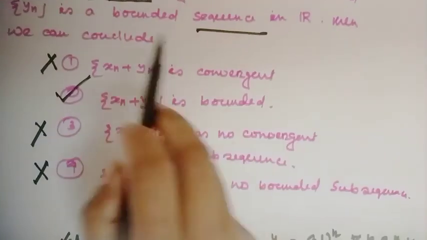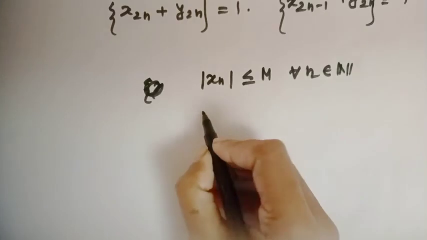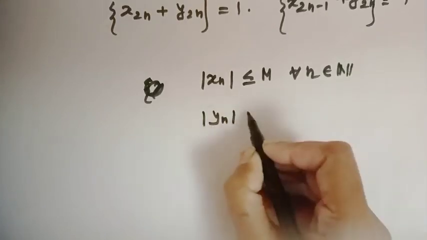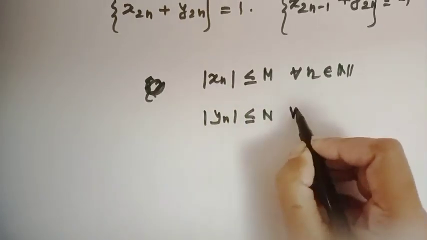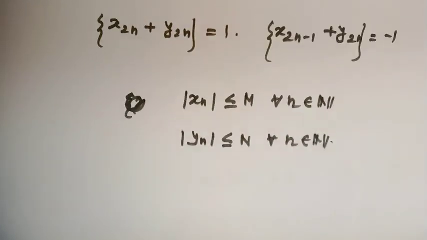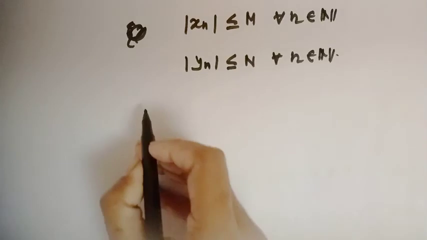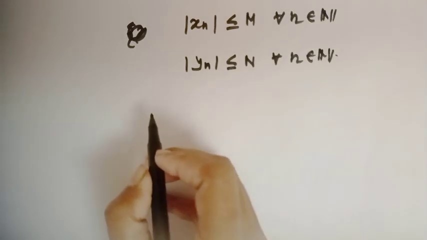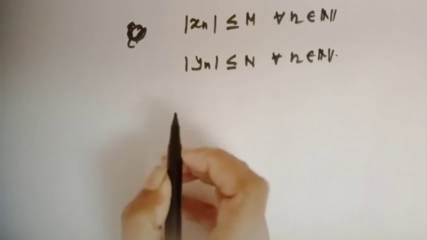And given yn is a bounded sequence in R, that means the absolute value of yn is less than or equal to N for all n belonging to the natural numbers. I have to prove xn plus yn is bounded.